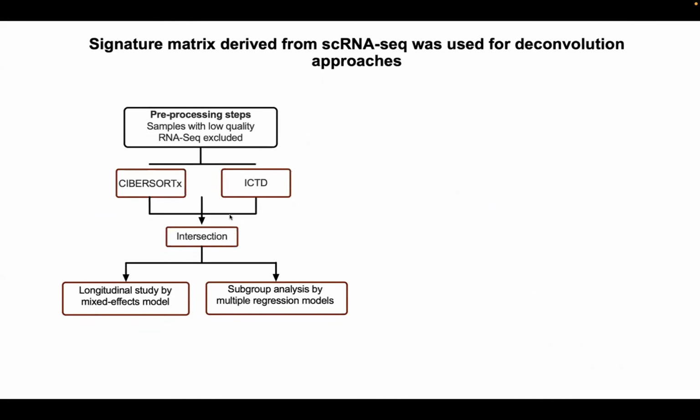One is CIBERSORTx, which has shown good performance in immune cells, and the other is an in-house tool, ICTD, because it's a reference-free method. We want to run them simultaneously and take the intersection of the results.